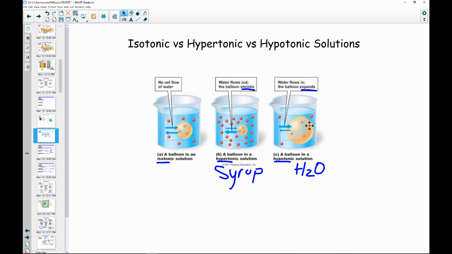Whereas oceans tend to be close to that isotonic level so that they don't need to be pumping out water so much. So that's one example. There are many examples of why these concentrations matter and how they affect us, which we will talk about more.